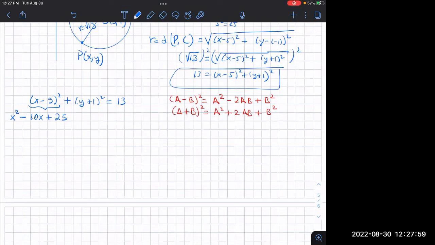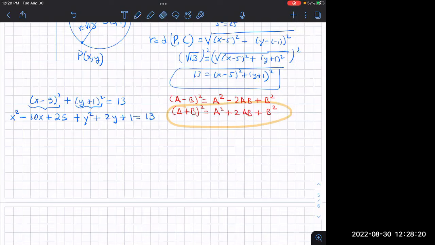Now we do y plus 1 squared, using the second form. So what is y plus 1 squared? y squared plus 2y plus 1, equals 13.